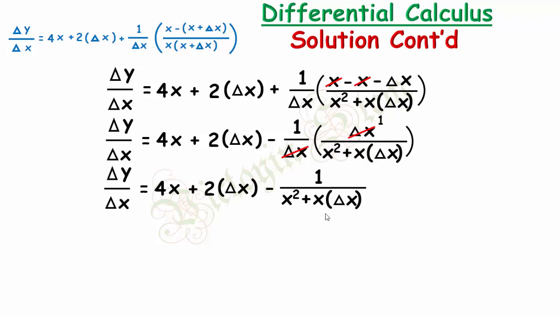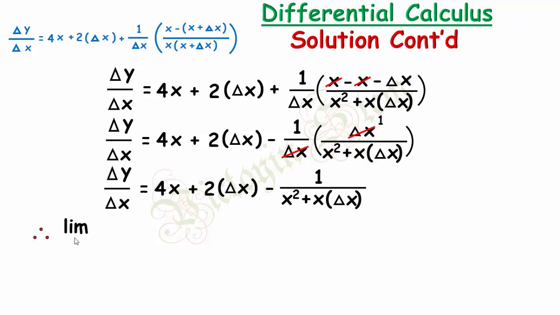We can have the right hand side of this equation, and the essence of simplifying it to this simpler form is to make sure that we can easily resolve delta x because we are to find the limits as delta x finally approaches 0.